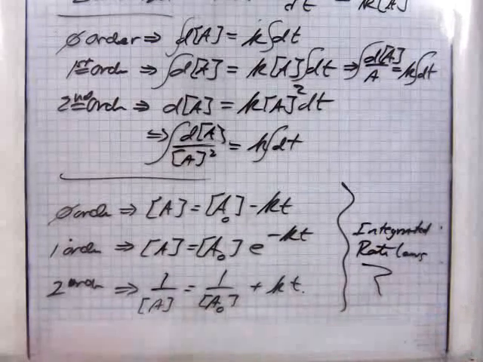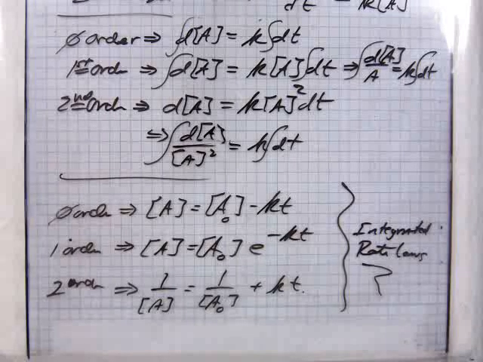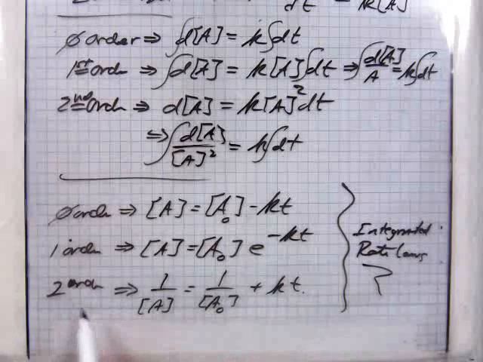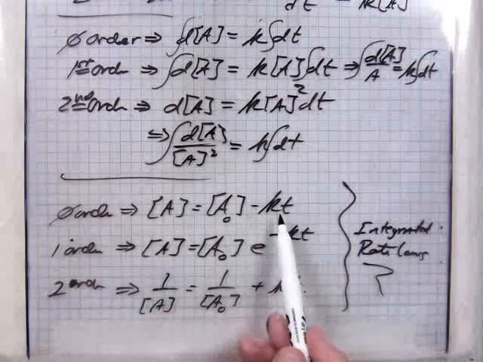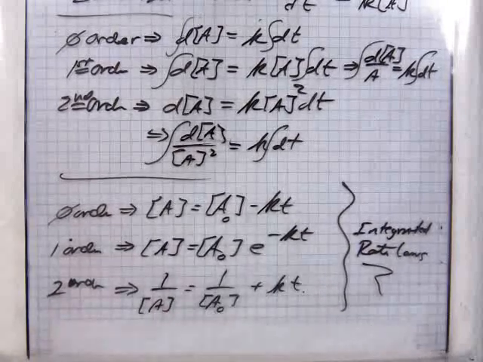Okay, so now you've seen where they come from. What do we do with them? These are used to determine what future concentrations are, starting with an initial concentration over time. So this is a concentration versus time relationship in a chemical reaction.